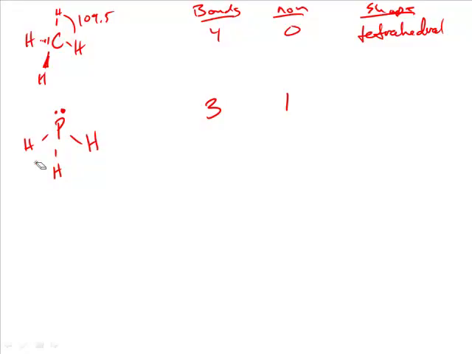It also is forming a pyramid. And so what that is called is trigonal pyramidal. Now, do not confuse that with the trigonal bipyramidal. Remember, trigonal bipyramidal is when you have the 5 bonds and no non-bonding pairs. Trigonal pyramidal is only when you have 3 bonds and 1 non-bonding pair.